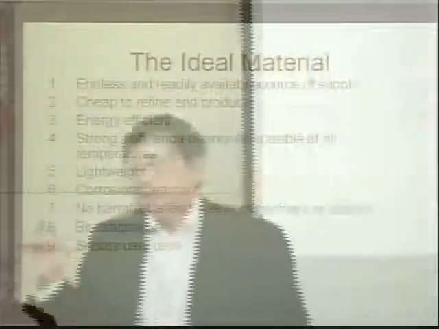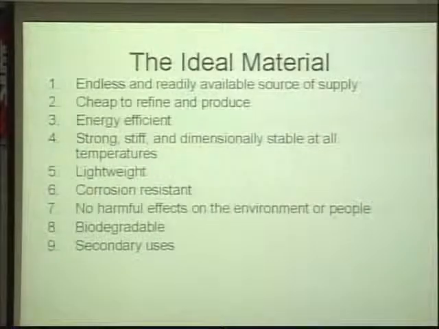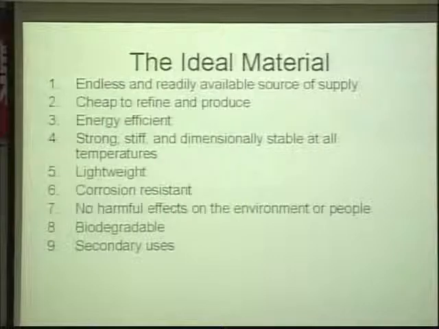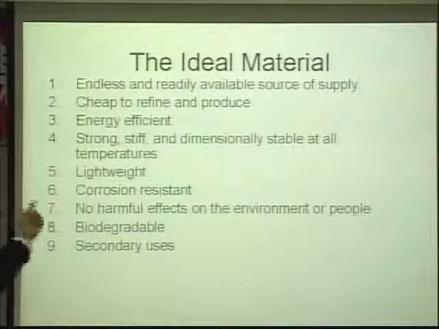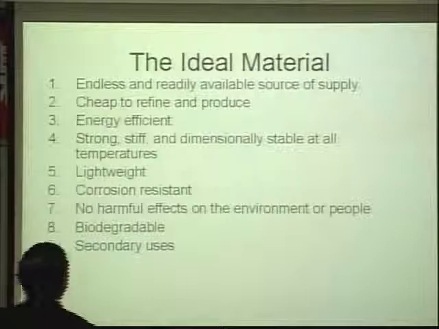have here. Throughout the process of making material for us to use, there are some ideal properties that humans have been looking for. One, you can easily get it and very cheaply produce it. Second, it's energy efficient.